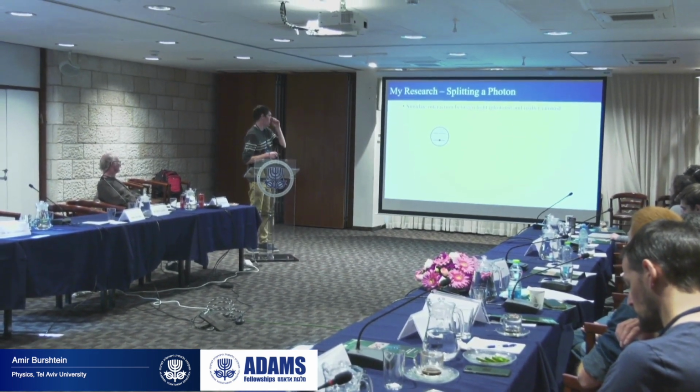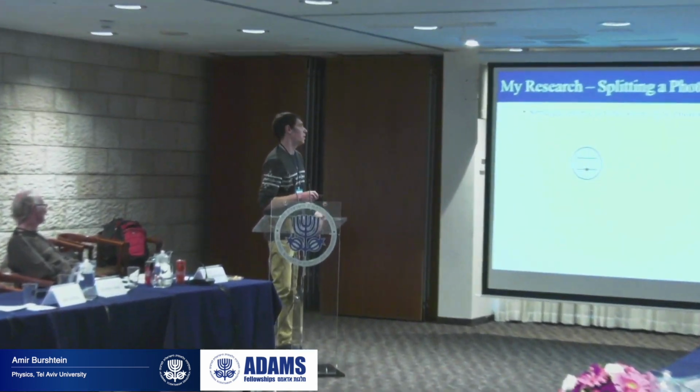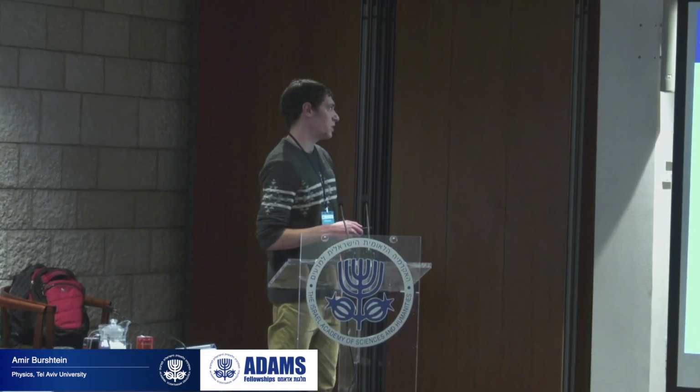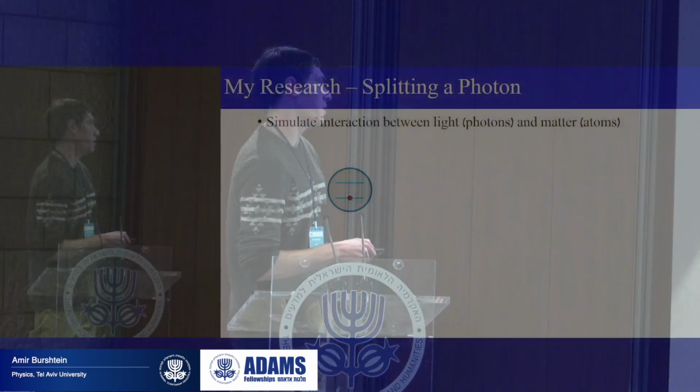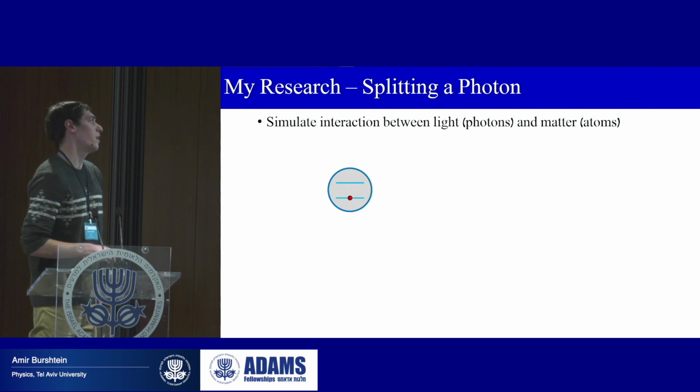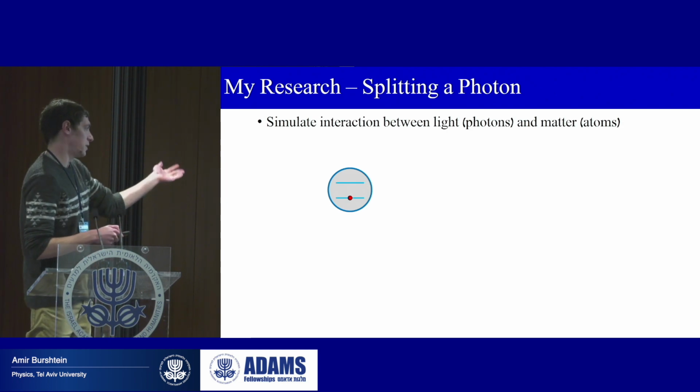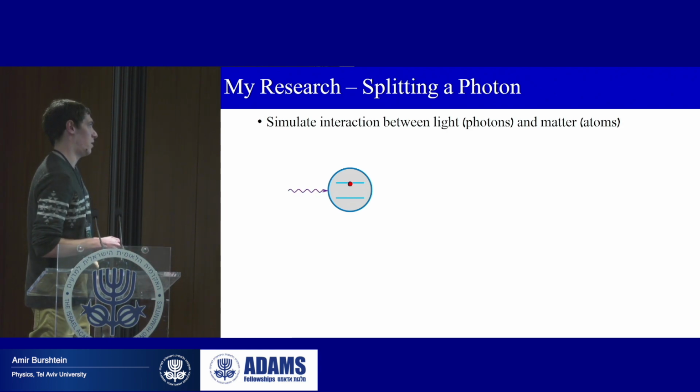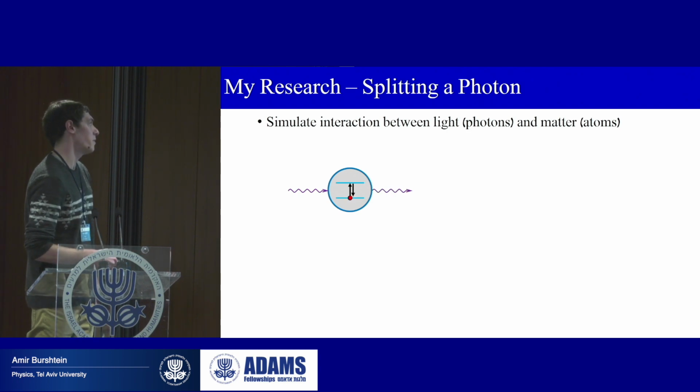My research is actually a very simple system, which is a system of a single atom, right, with a single electron in a single ground state that interacts with photons, with light. And so this is a system you can really solve on a piece of paper.